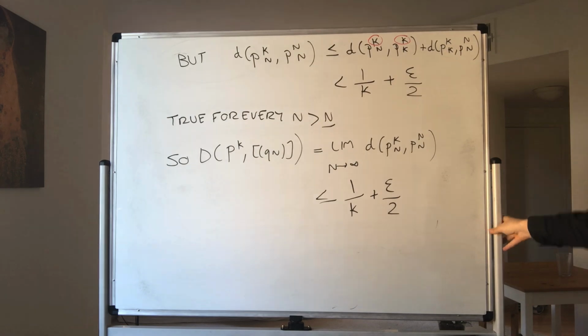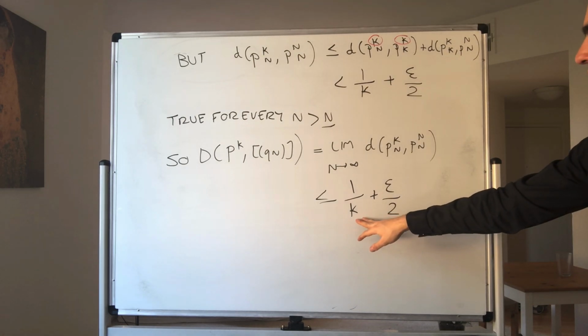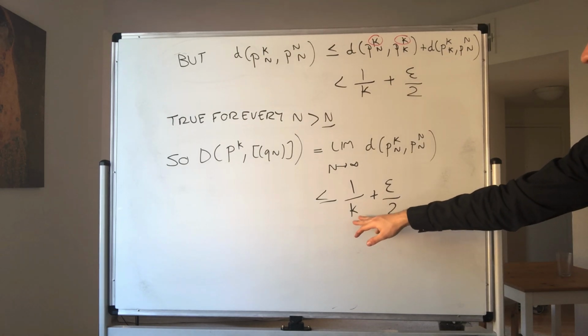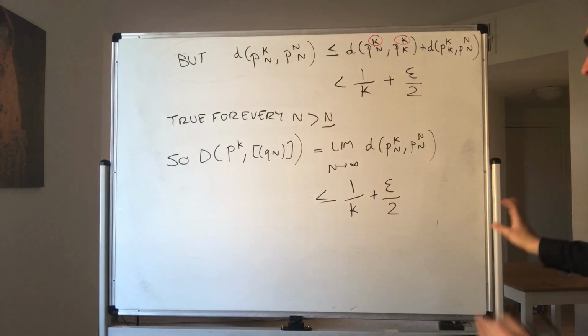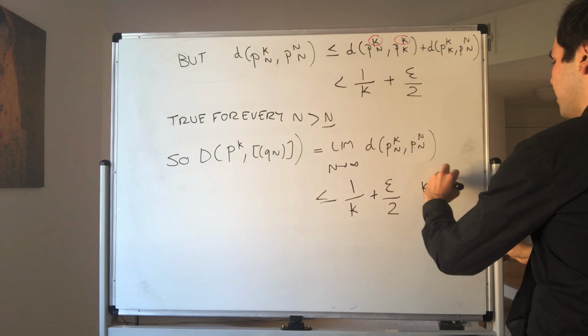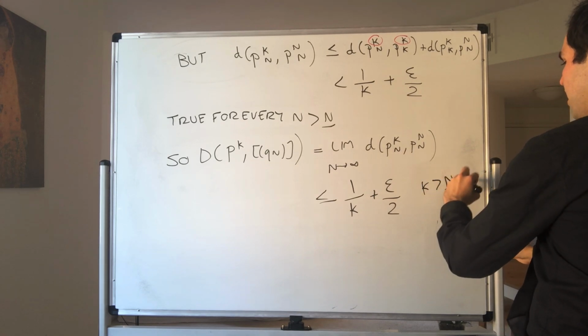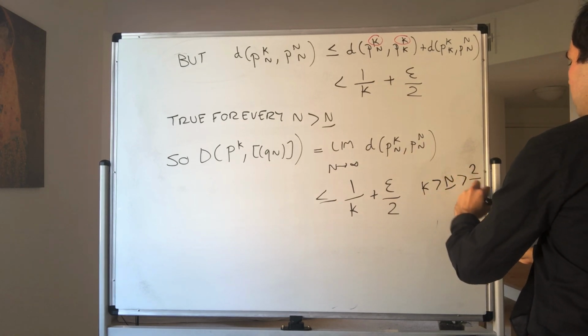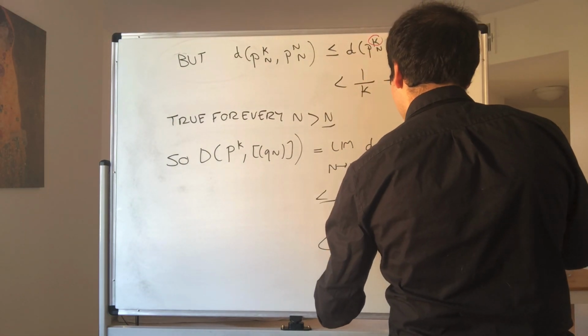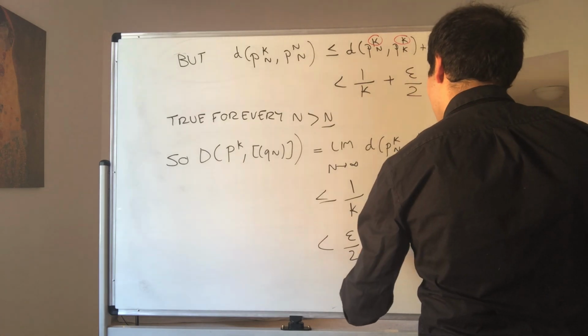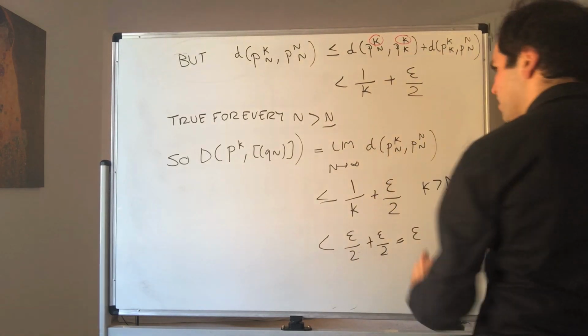And last but not least, just pick K large enough, by definition K is bigger than capital N, which is bigger than 2 over epsilon. And so this is less than epsilon over 2 plus epsilon over 2, which becomes epsilon.